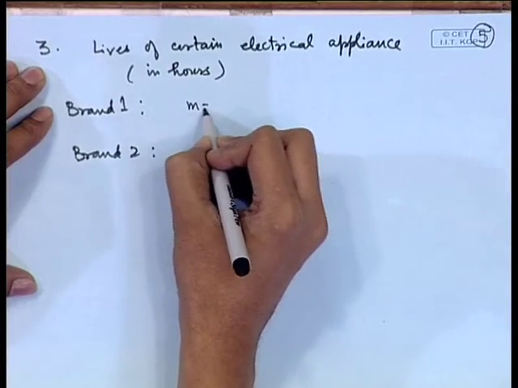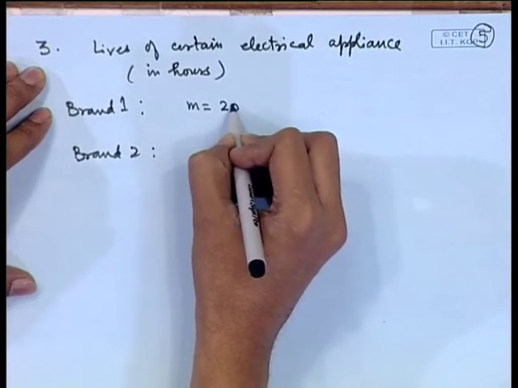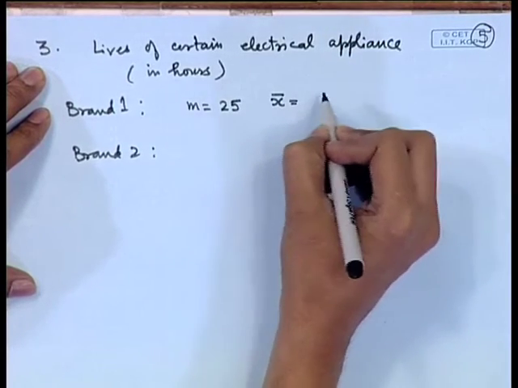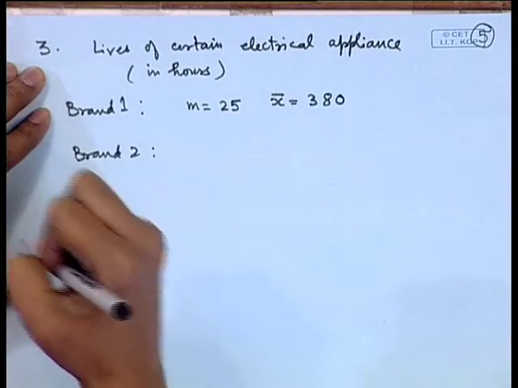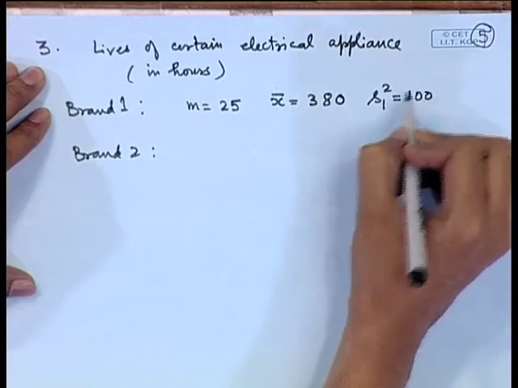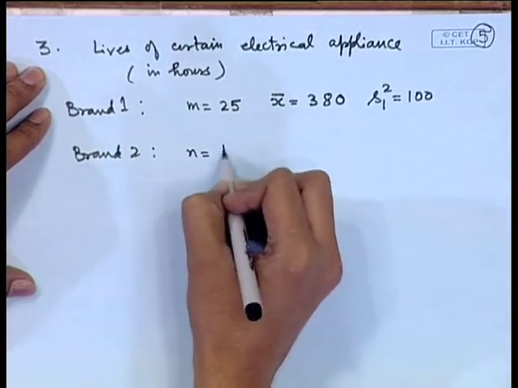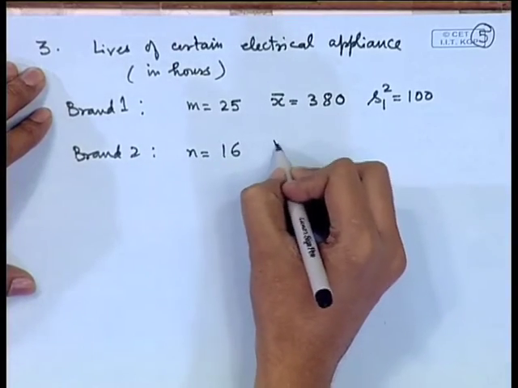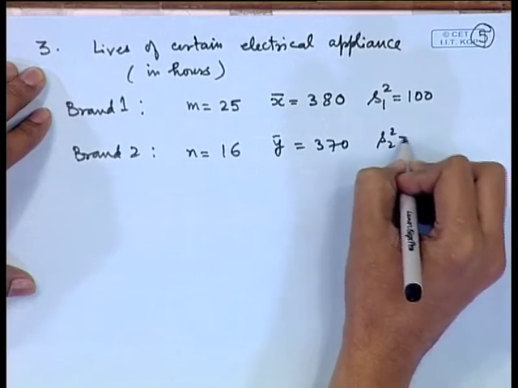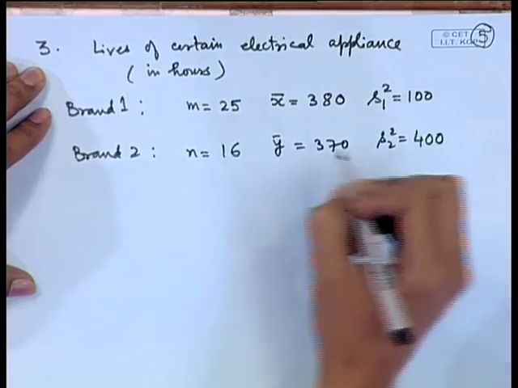For the first brand, 25 units were selected at random and put on the test, and their average lives were observed to be 380 hours with a sample variance of 100. For the second sample, 16 units were selected and their average was observed to be 370 hours, and the variance turns out to be 400. Maybe the second one has a smaller mean, a smaller average life, but the variability is more.